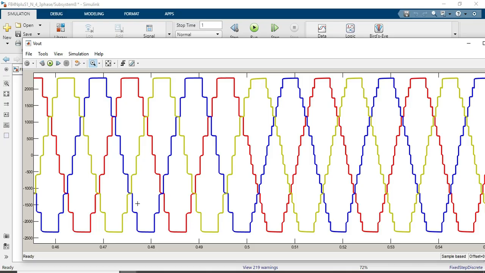So we can see that there are 9 levels in the output voltage waveform before 0.5. And after that, with the scheme that I developed, we get 4N+1, meaning 4 times the number of submodules in the upper or lower arm plus 1. So we get 17 output levels in the MMC.